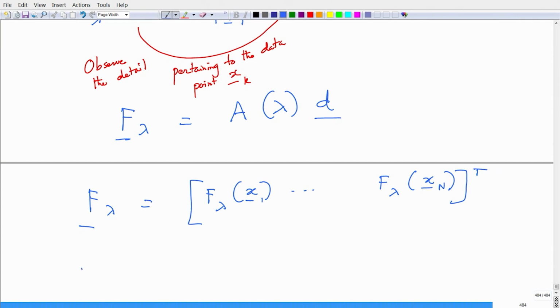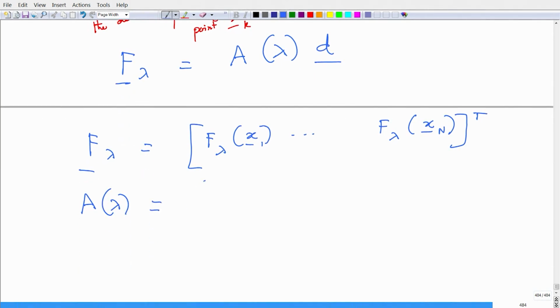Then we have this matrix A of lambda, which is also called the influence matrix, of the form A11, A12, up to A1N.